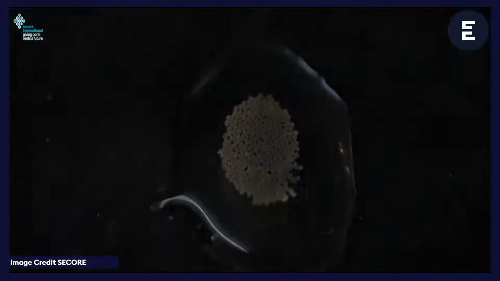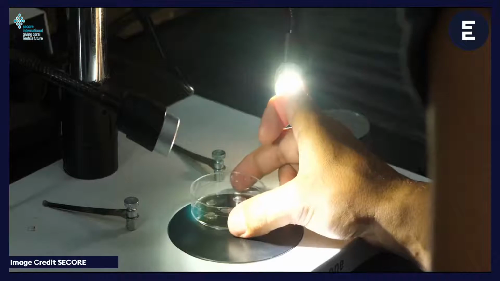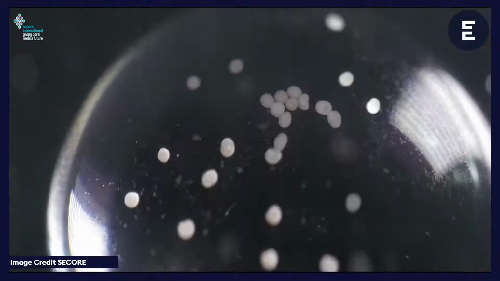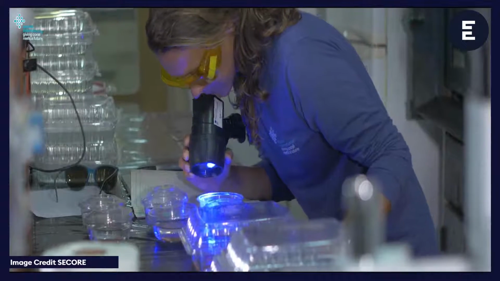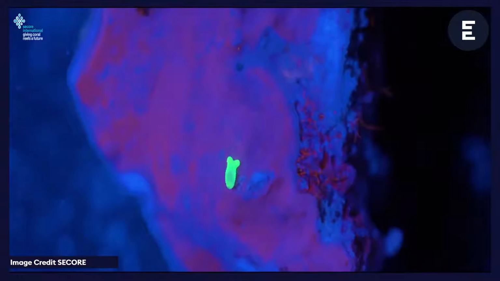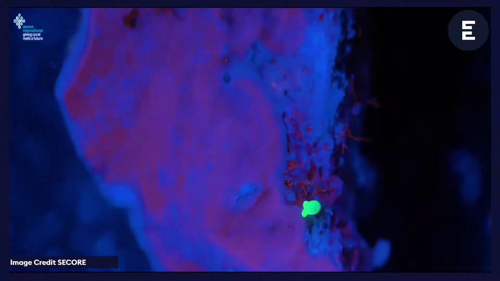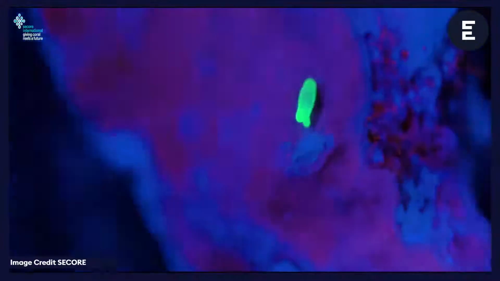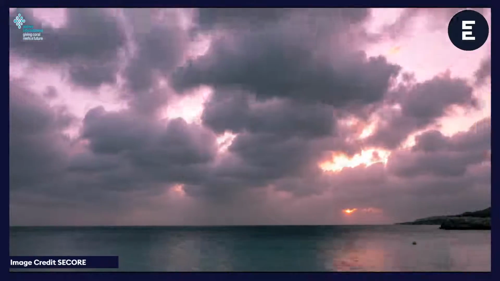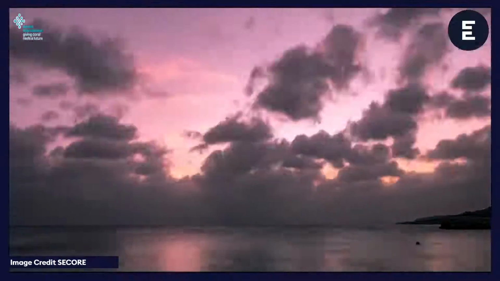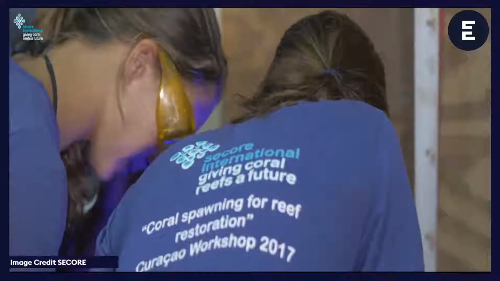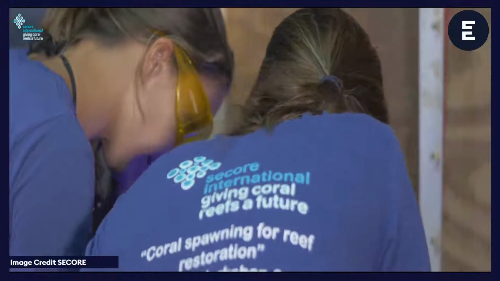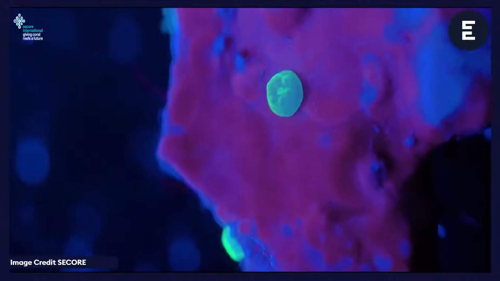Those eggs are buoyant, so they float up to the surface, and it makes a beautiful scene, almost like an underwater snowstorm. At the same time, all the fish are out, all the little creatures on the reef, like little crabs, are awake and participating in the spawning. Not only corals are reproducing, but also other organisms like little brittle stars, urchins and crabs. So it's a big, amazing spectacle underwater.